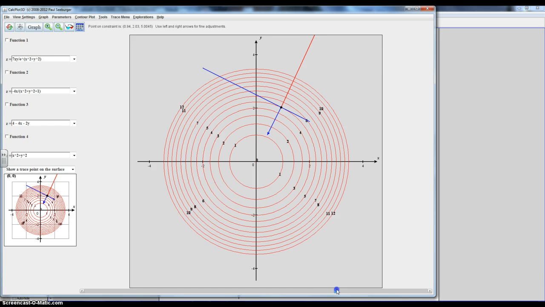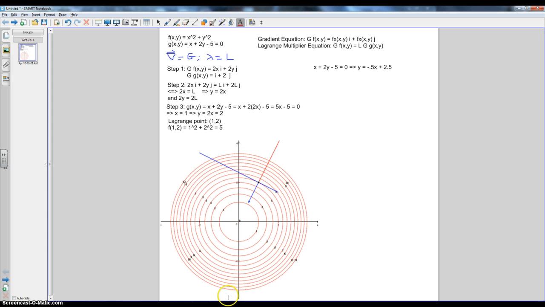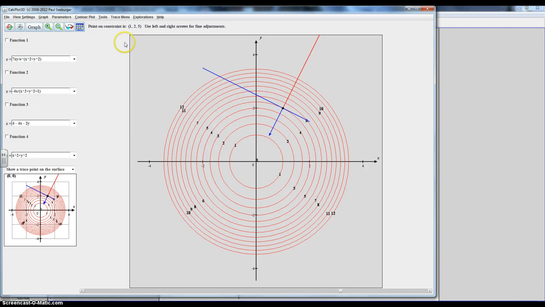If you go through the Lagrange exploration, you know that at the point where the two gradients are parallel, or when the gradient of the constraint is tangent to the contour level of f, they are at the extreme, and we will use that point and continue working on our problem. Let's look again at the applet. It is 1, 2, and 5, the same answer as we found in the problem.